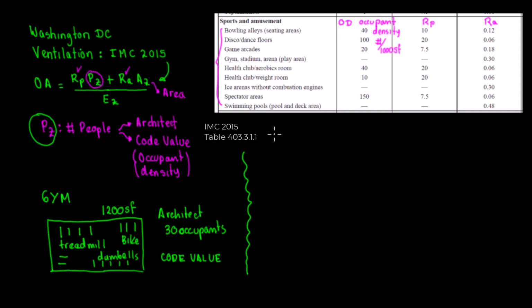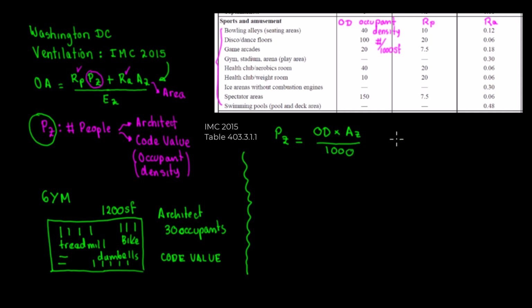So the formula is PZ equals the occupant density OD times AZ, the area that is already provided, divided by 1000.